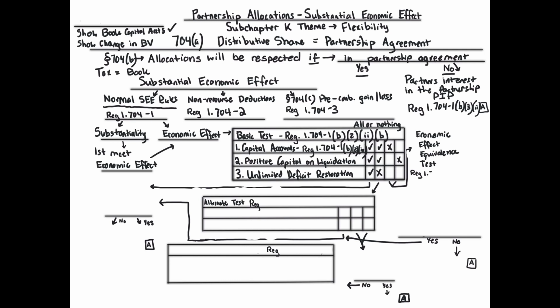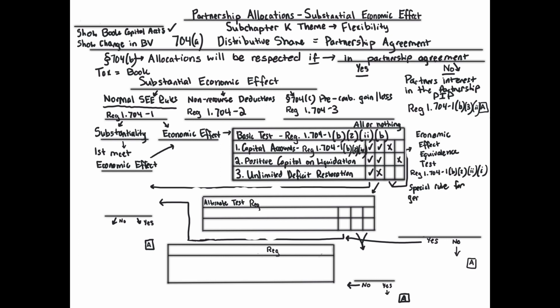And this is found in Reg 1.704-1(b)(2)(ii)(i). Pretty much everything is in 1(b)(2). This is the economic effect equivalence test. And it's a special rule, again, that only applies to general partnerships.